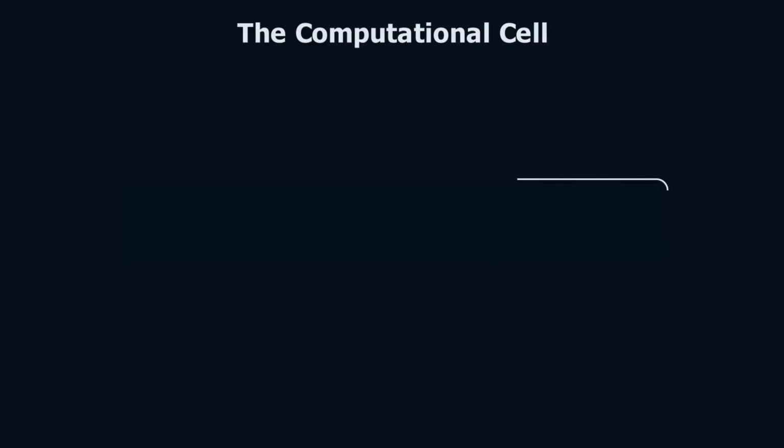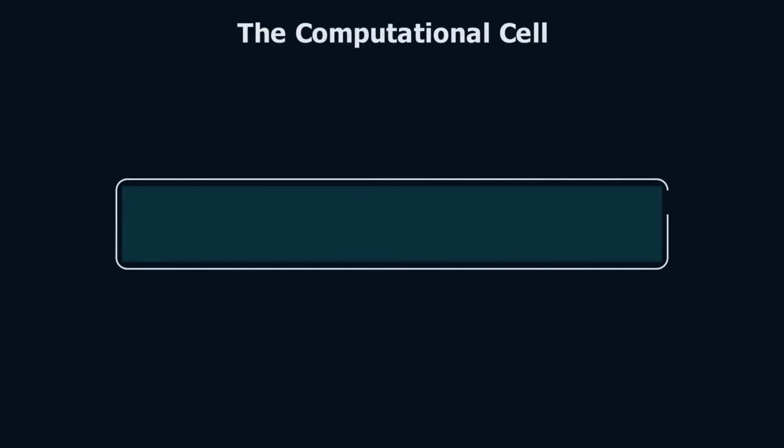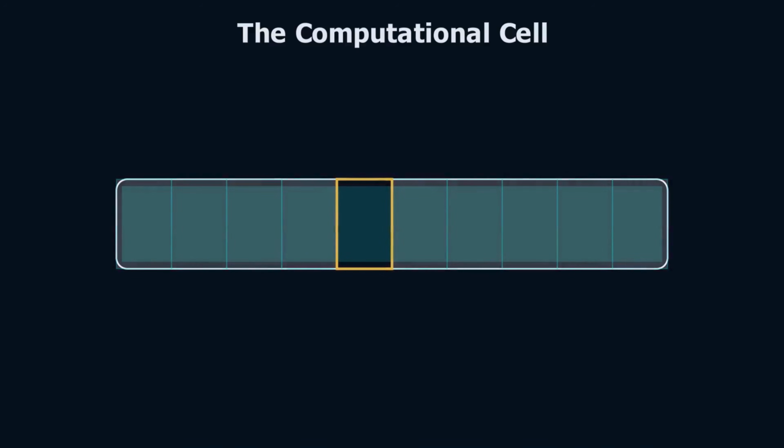Earlier, we divided our physical domain into computational cells. Each rectangle now represents one computational cell. Let's zoom in conceptually and study just one cell. Every computational cell has a center. The solver stores one representative value here.